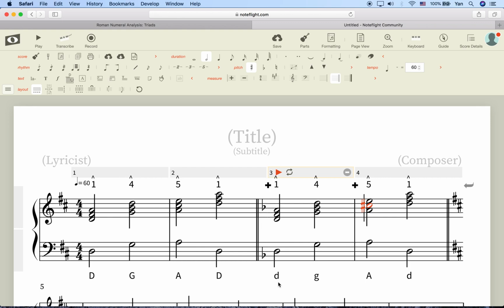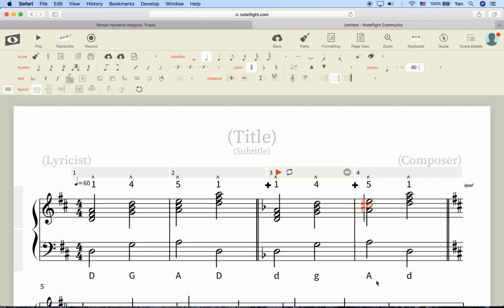We have D minor, and the first triad of D minor is a minor triad, and that's why I wrote D lowercase. The fourth degree triad, the subdominant in a minor key, is a minor triad, and I wrote G lowercase for that. And then here we just talked about how I made the substitution of a fifth degree triad.